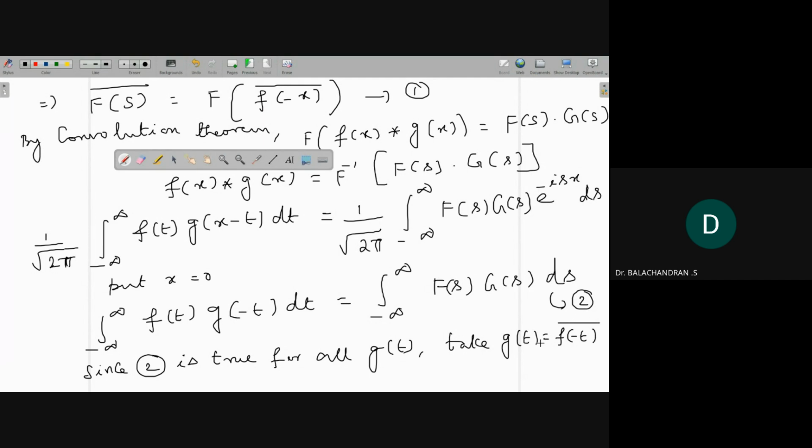So if I take g of t is equal to f of minus t whole bar, I'll write the next step.